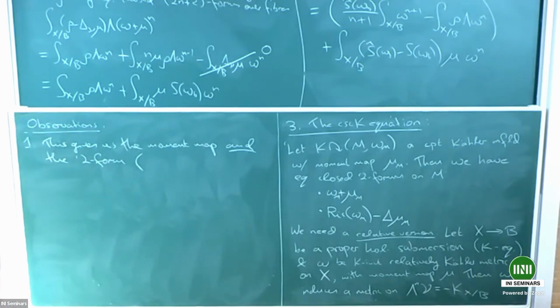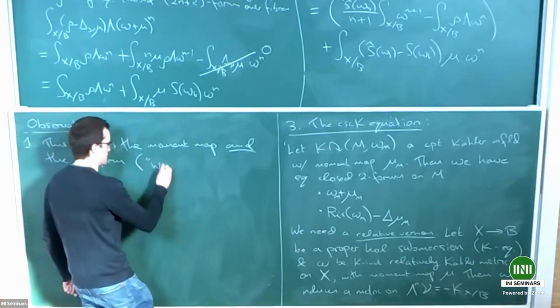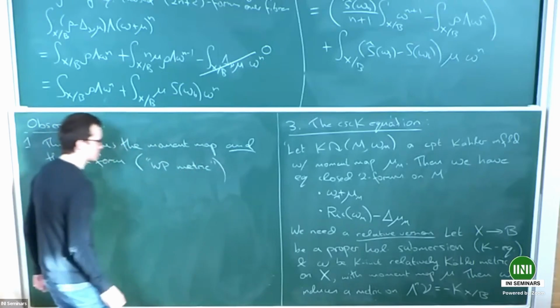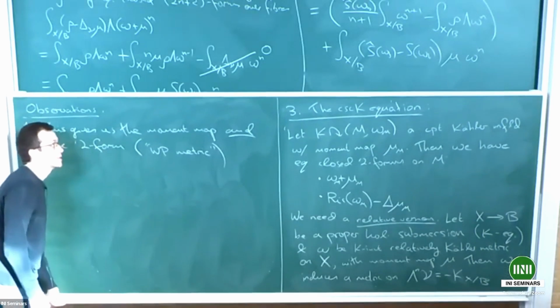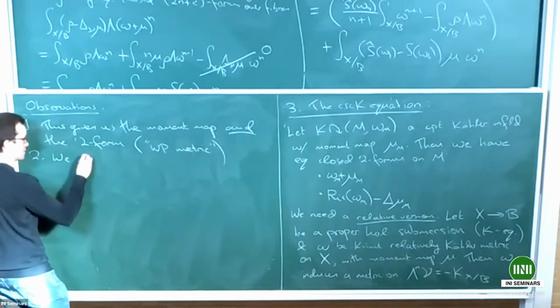And if you're familiar with the Donaldson-Fujiki picture, this might look familiar. This is the Peterson metric. Maybe I shouldn't use the word metric, because the next comment is that we actually get no information about positivity of the two form.